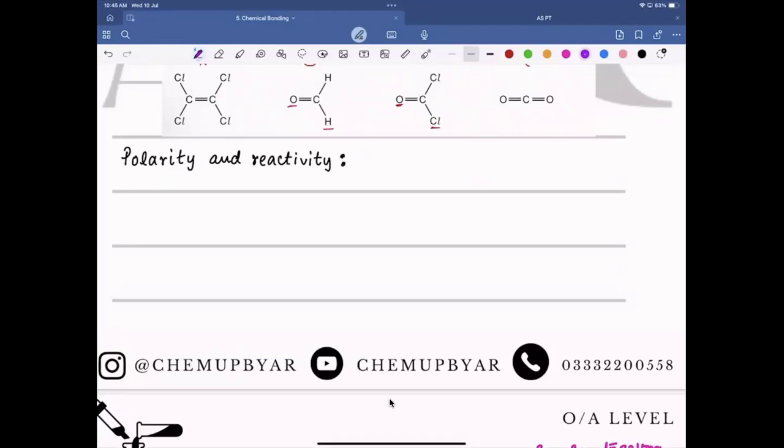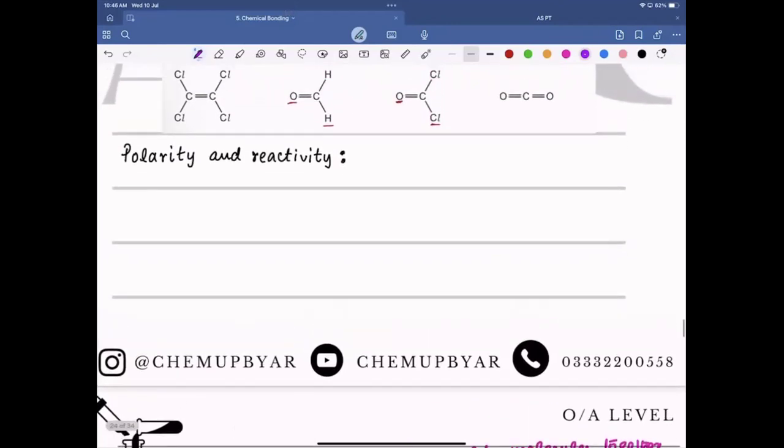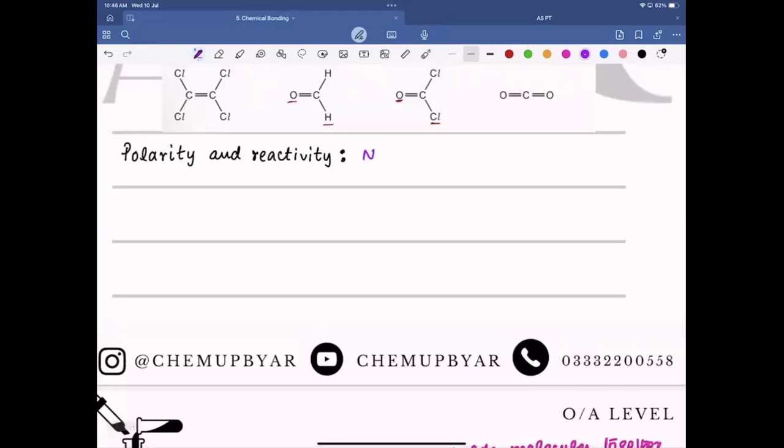Normally the food packages have air in them, we say, but it's actually nitrogen in them. So nitrogen is unreactive.